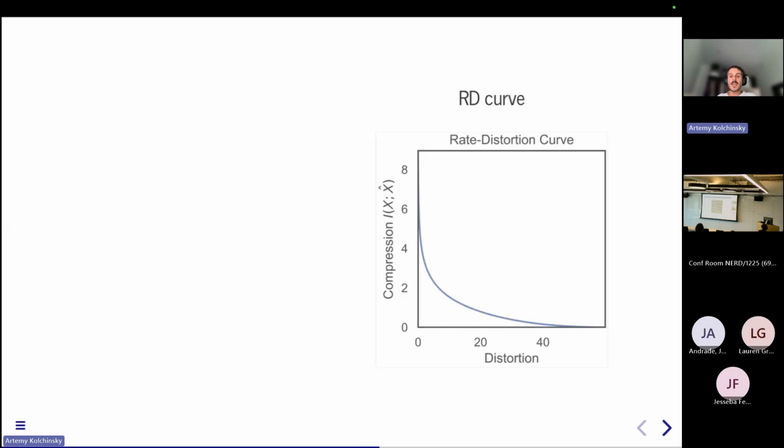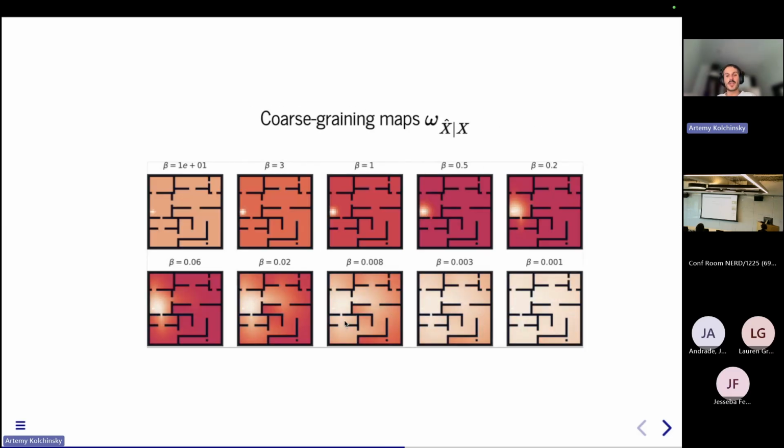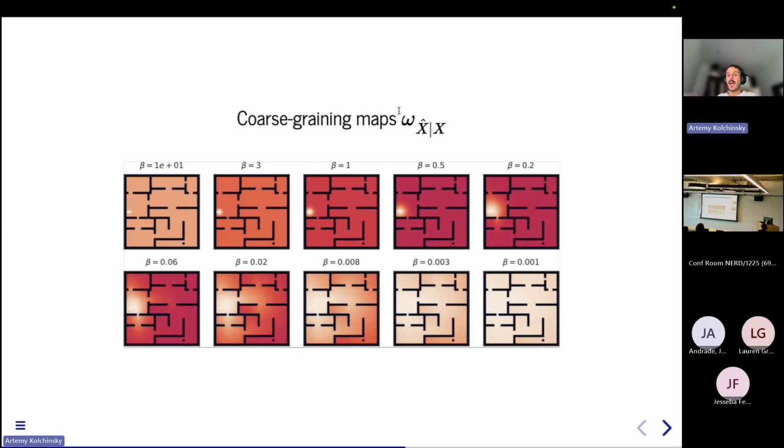And we can actually solve the rate distortion problem for this setting. We see that there's a trade-off between compression and distortion, as might be imagined, but we can also visualize these coarse graining maps because they map to the same space. They basically map to the space of states that we started with.